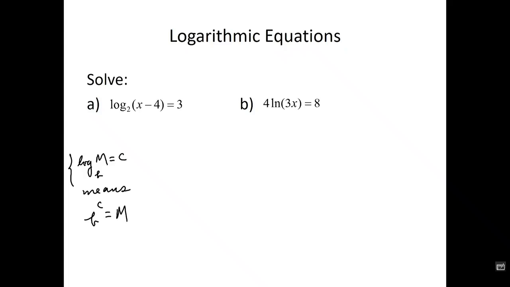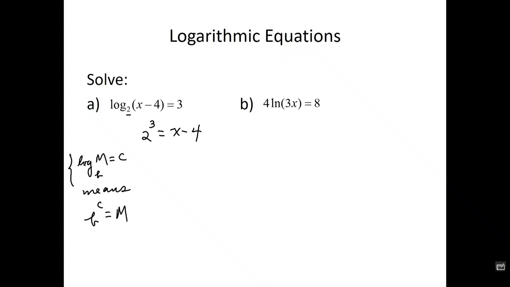So it's already expressed in logarithmic form here. All right, so let's see what this means. If we use the definition of the logarithm, this is going to be 2 cubed is equal to x minus 4.